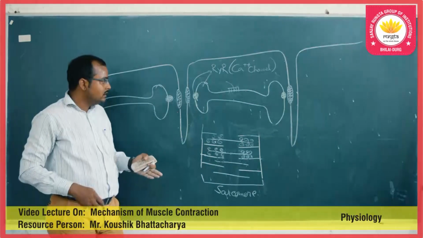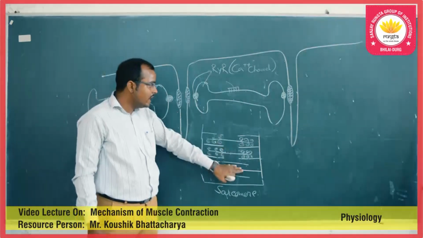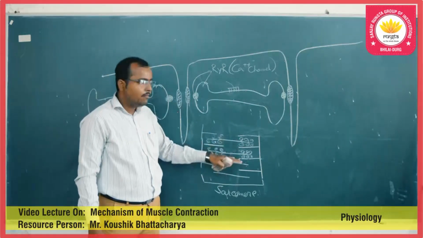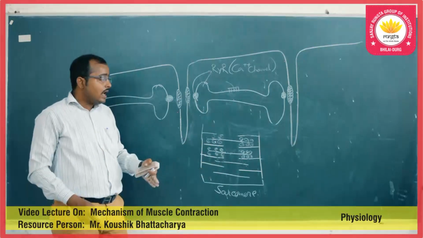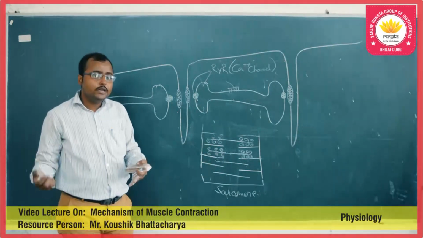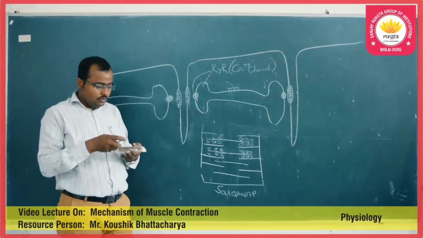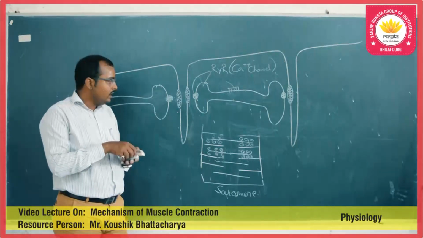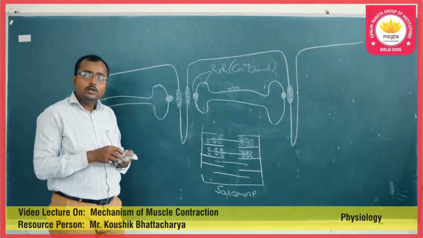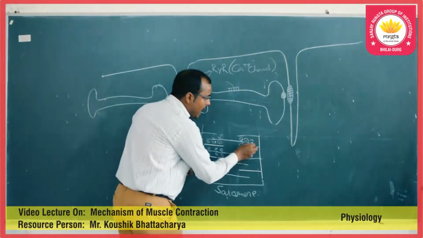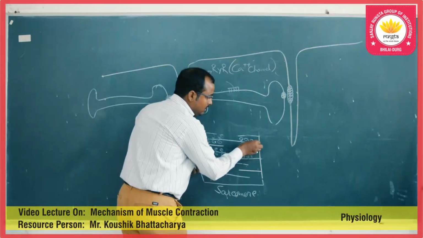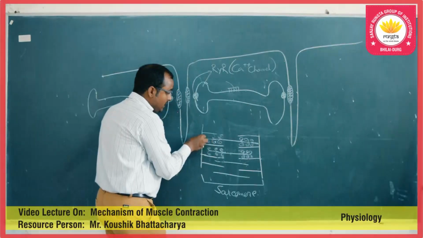On the other hand, we have come to know the structural arrangement of actin and myosin. But another protein is also there, which also helps in the muscular contraction. The name of that protein is titin. So what is the titin protein?